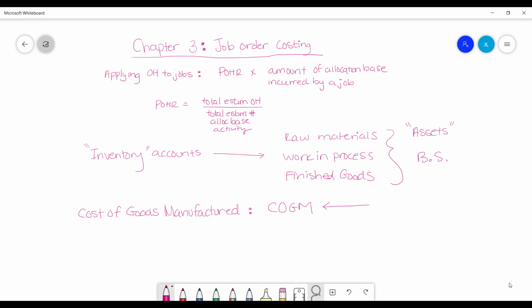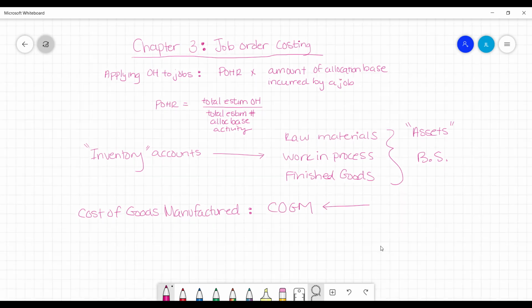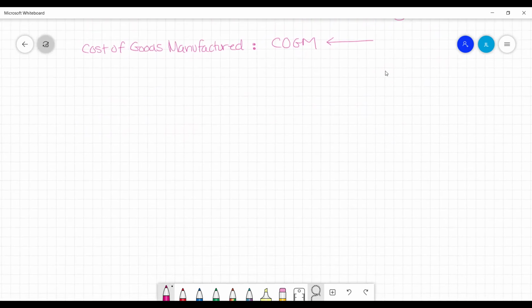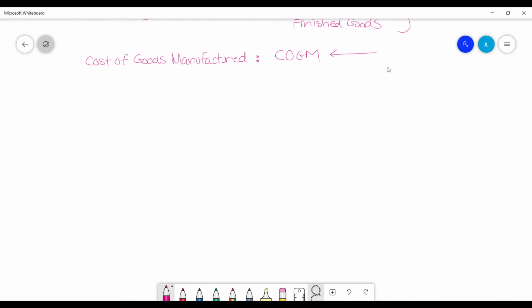So first we're going to look at these 3 inventory accounts and how they're affected through increases and decreases and costs flowing between them. So what happens if you purchase raw materials, right?